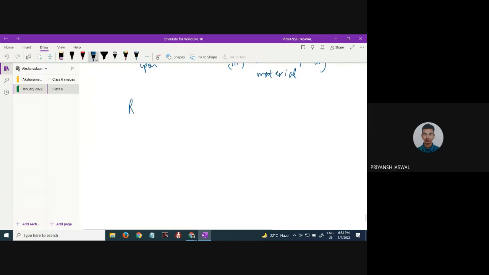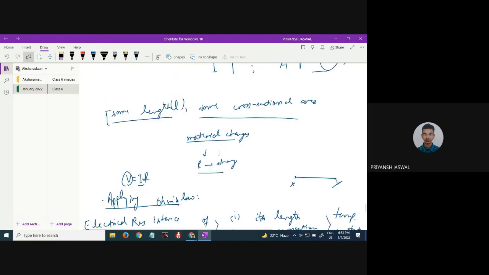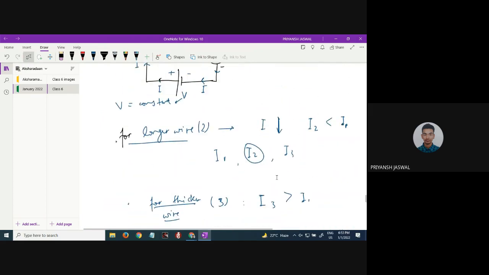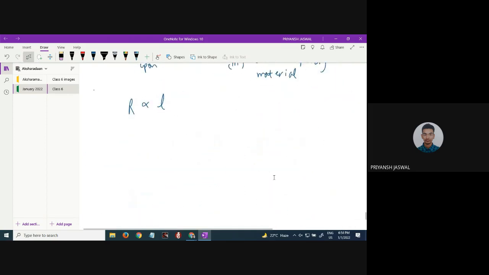In the above observation, we saw that resistance increases with length, because I was decreasing with the length. If I is decreasing and potential is constant, it implies that I is inversely proportional to R, or R is inversely proportional to I. So if I decreases, that means L increases, so R will be directly proportional to length.